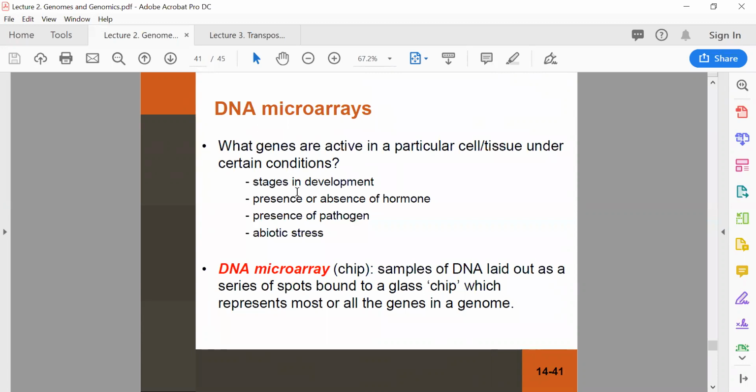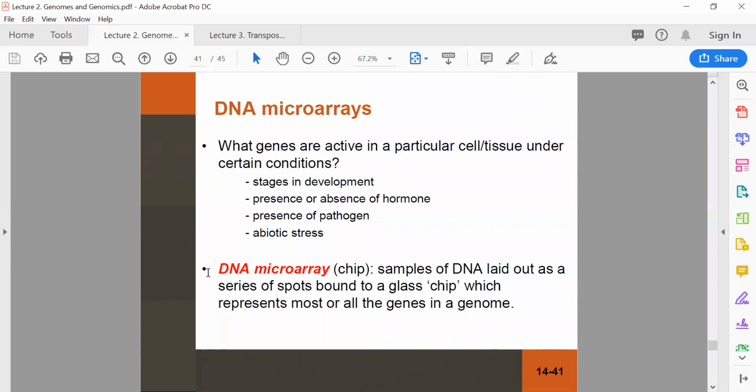That is, at what stages in development of the organism, what genes are active in the presence or absence of a particular hormone, what genes are active or not active in the presence of a pathogen, what genes are active in this plant when it's exposed to a particular abiotic stress, such as heat stress, drought stress, frost, and so on.